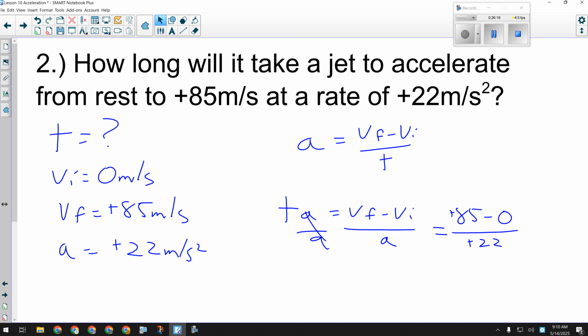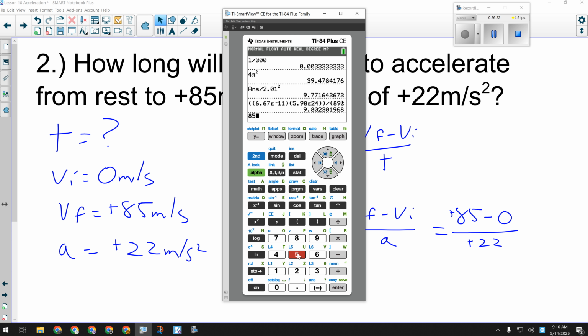All right, so 85 divided by 22. You know what, I'll just do it the right way. I'll put this in brackets on the top, 85 minus 0. If you had an actual VI, you would need to enclose the top in brackets or do it first.